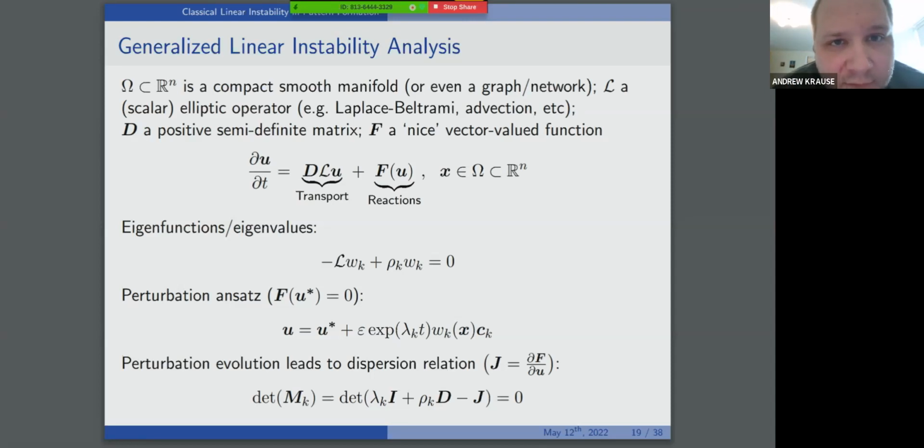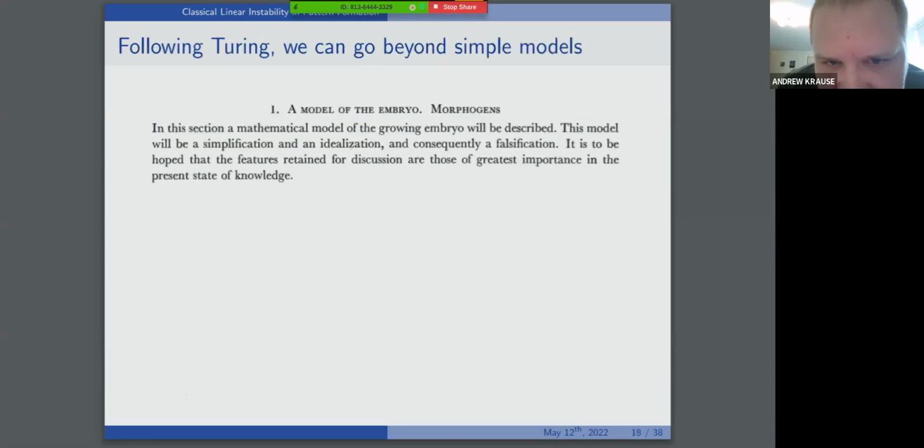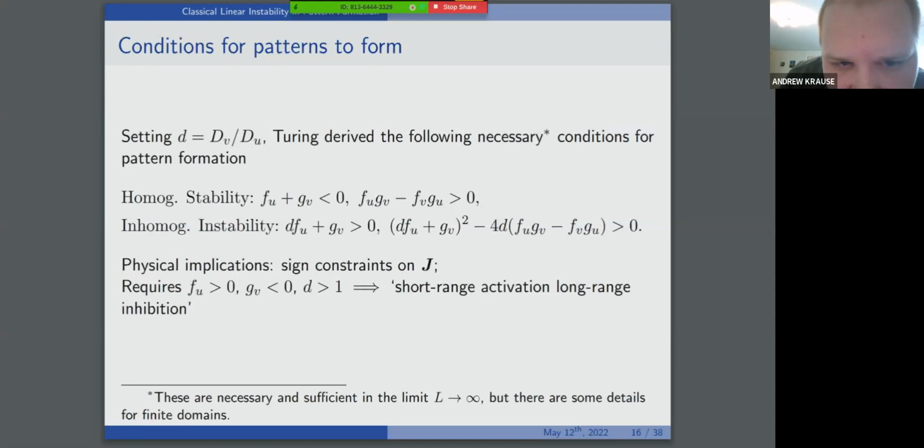So when I say activator-inhibitor, there are two bits to this. This is a classical misconception with the terminology. When I say that the first species U has to be an activator, that means F sub U is positive. This is only the species' interaction with itself.